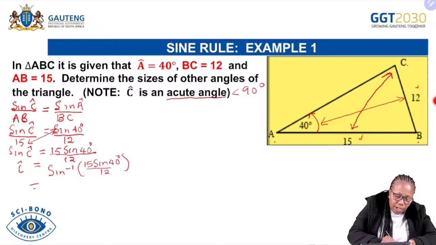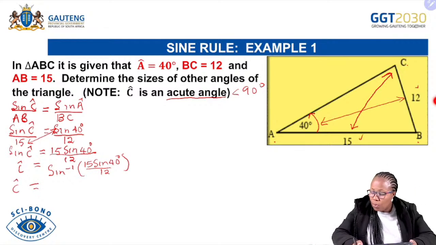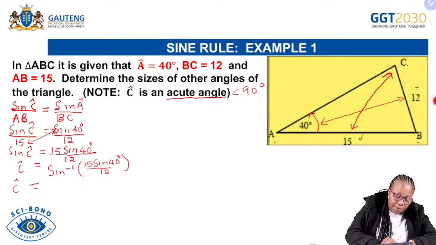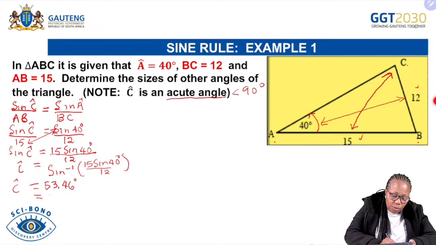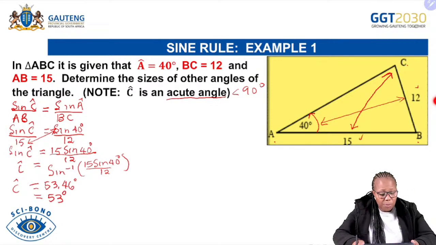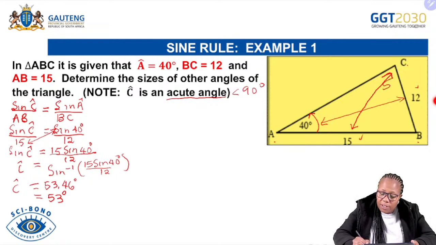From here, grade 12, we take the whole information into our calculator, and this gives us 53,46 degrees. Rounding off to the nearest whole number, this gives us 53 degrees. This simply means our angle C here will be 53 degrees.